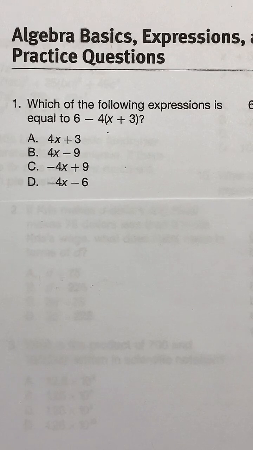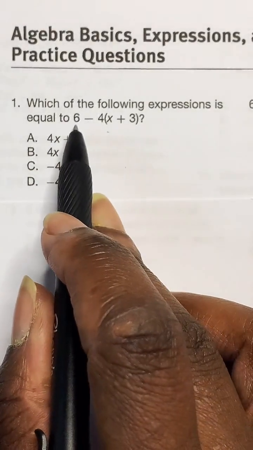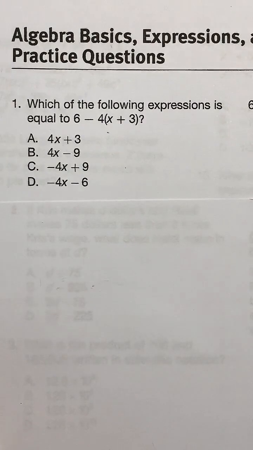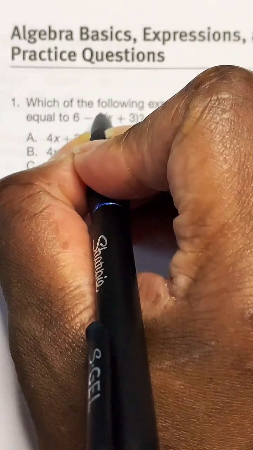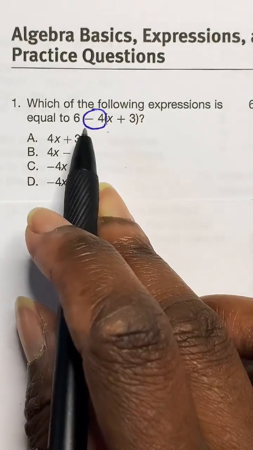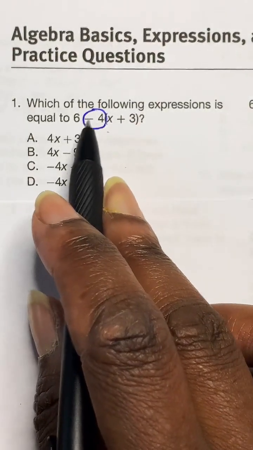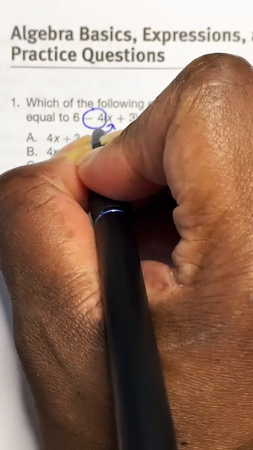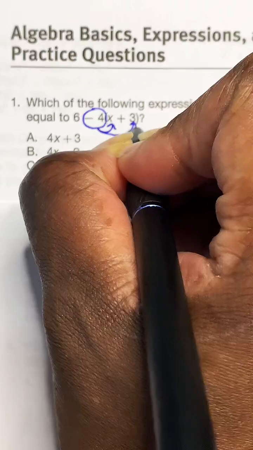Okay, D, since everyone else is saying it, let's take a look at why it is D. First thing, we're going to be doing order of operations. We have this negative 4. Negative and minus usually share the same characteristics.